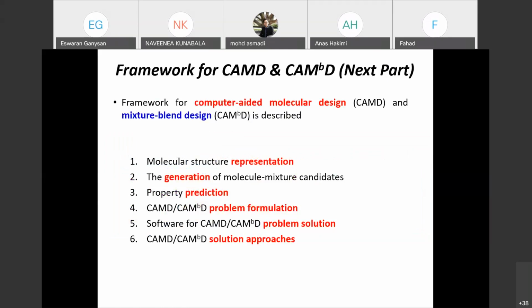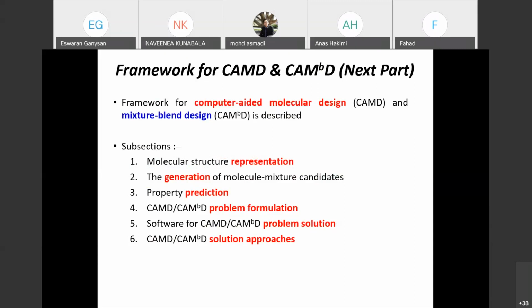What you're going to cover later are frameworks for computer aided molecular design, which is the next part, and then computer aided mixture blend design, CAMBD. That one is for blends. The subsections you're going to cover are molecular structure representation, generation of the molecule, and the design framework, property prediction, problem formulation, problem solution, as well as solution approach.